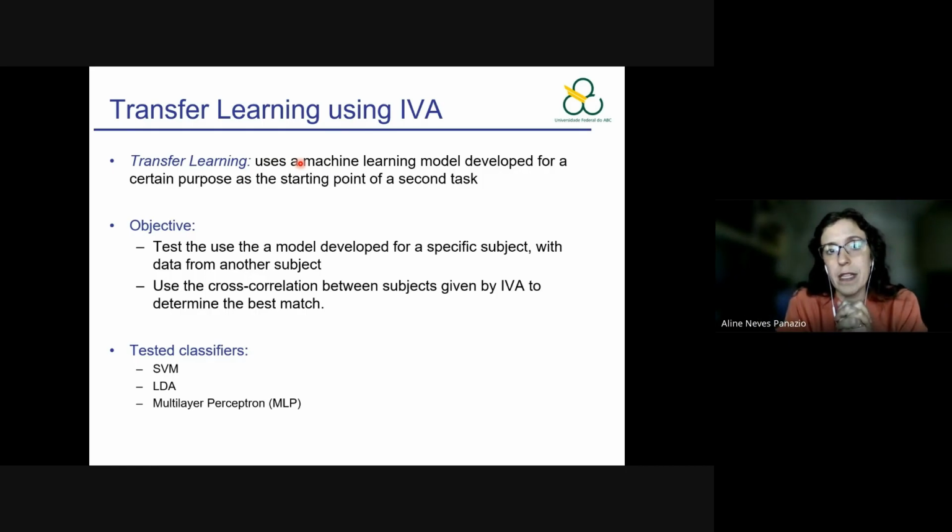In our context here, our objective is to use a model that is developed for a specific subject and test this model with the data from another subject that is highly correlated with the first one. And to find the best match, we will use the cross-correlations that are given by IVA. In this case, we used as classifiers the SVM, the LDA, and multilayer perceptron.